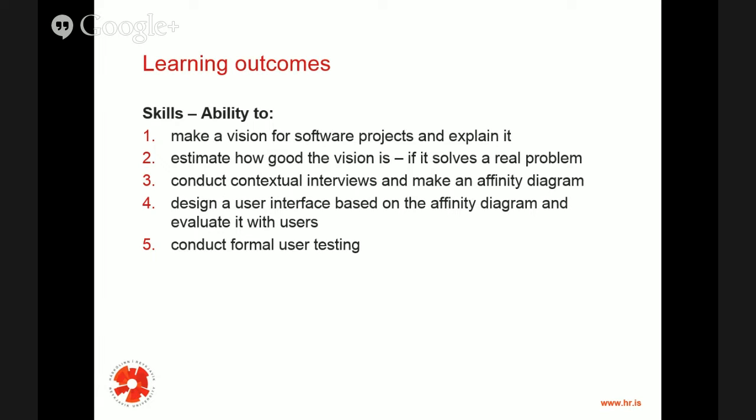So you should be able to estimate how good the vision is and if it solves a real problem. And we trained that also during class, that you were discussing with another group how good their vision was.